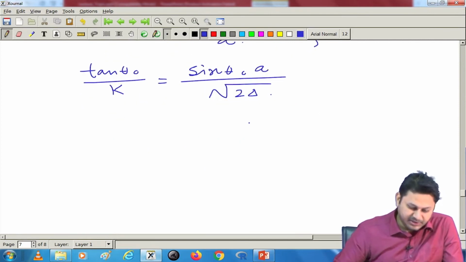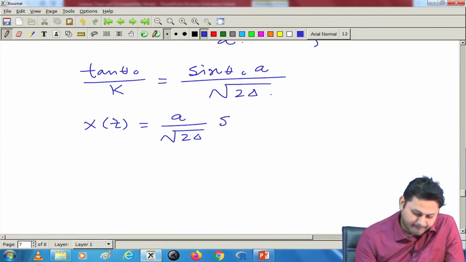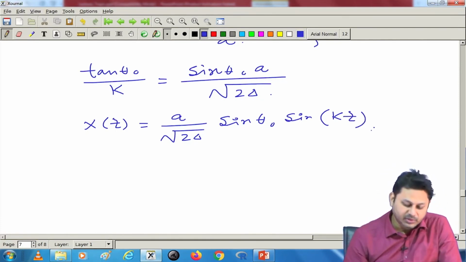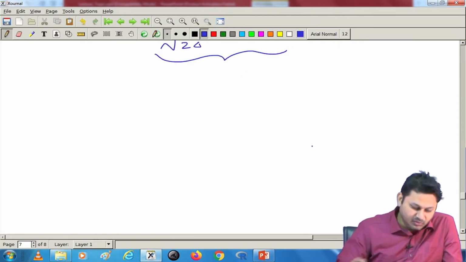So, my final expression for the ray is x of z equal to a divided by root over of 2 delta, sin of theta 0, sin of k z. So, it should be a sinusoidal wave, but at the same point it should have an amplitude here, and this amplitude will depend on the initial value of theta 0. If I change my theta 0, I have different paths.